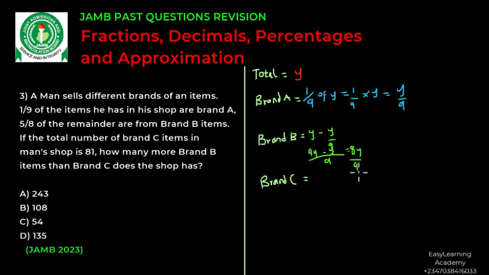This is the remainder, not brand B. We are told that the number of items in brand B is 5/8 of the remainder.